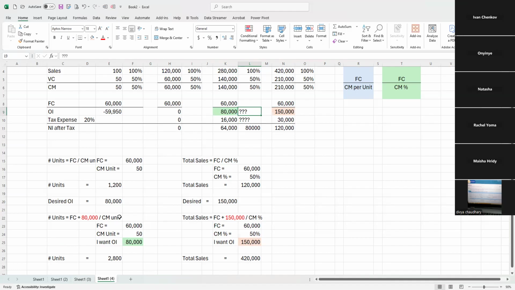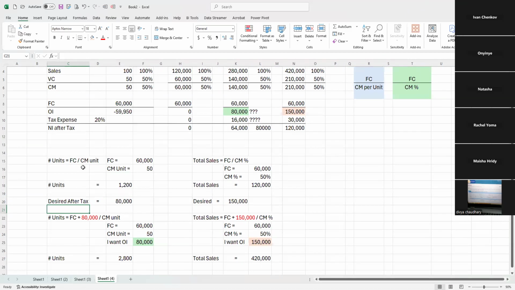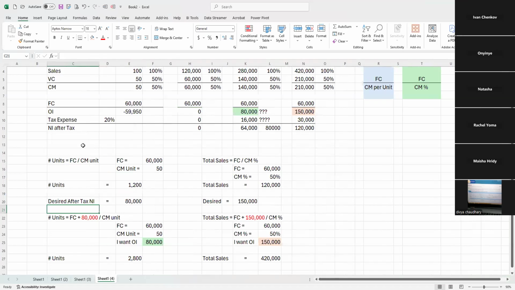Basically, instead of 80,000 here, I have to put more, because I want my desired after-tax net income to be 80,000, which is operating income plus income tax. Make sense? Now I want desired after-tax net income to be 80,000. So here I want to get 80,000.